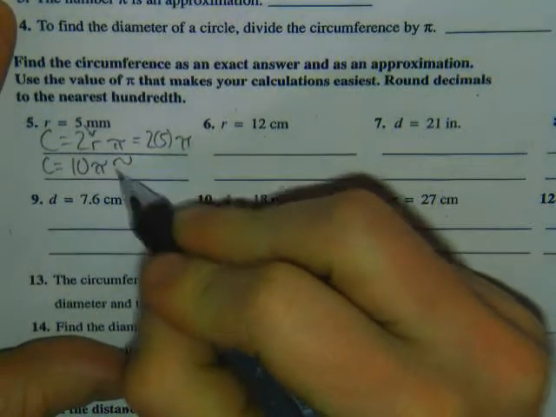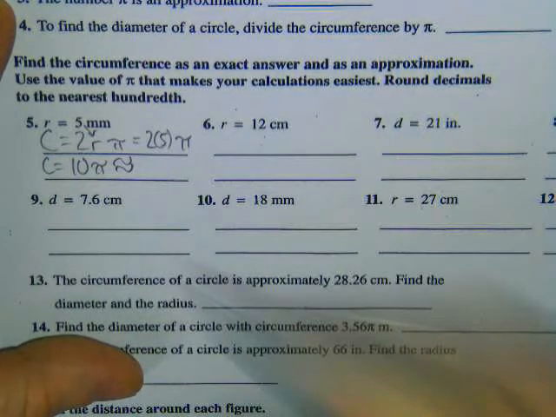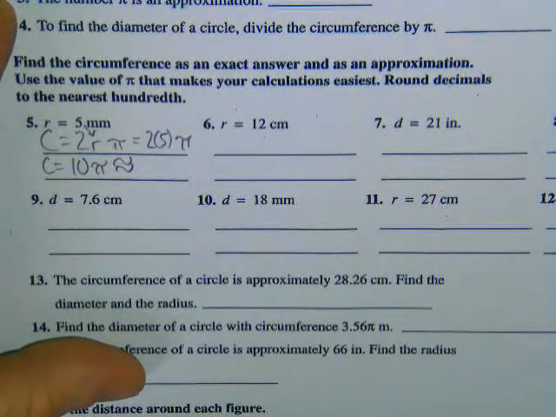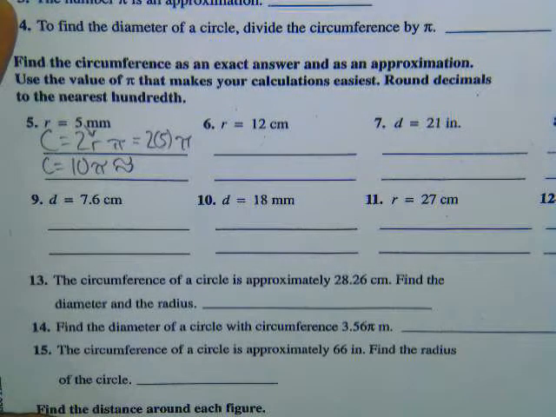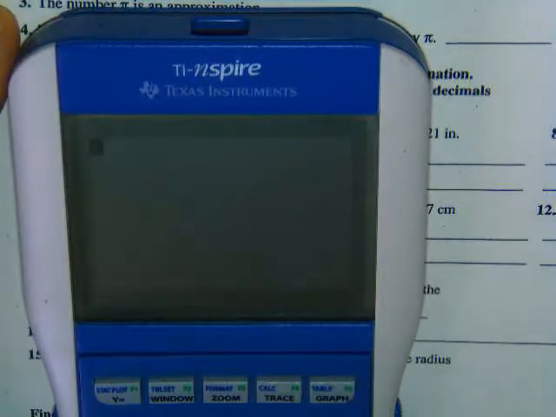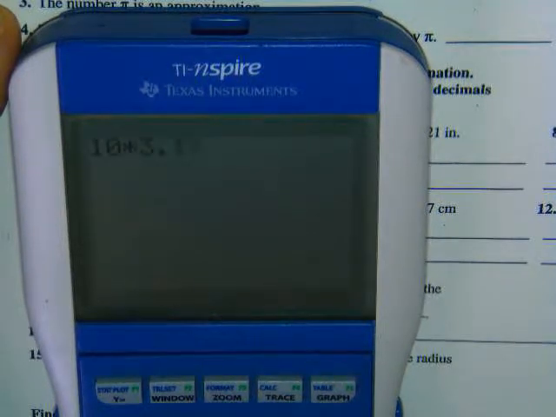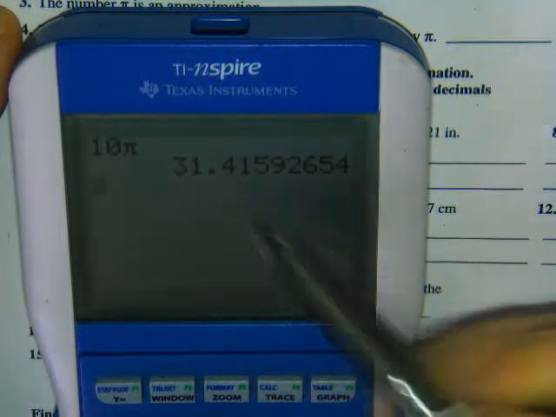We're also going to learn to approximate it with the decimal. So that is approximately, and I'm not big into the 3.14 thing. I like to use the calculator approximation. Oops. As I said that, I did exactly what I said not to do. Sorry. 10 times pi. How about that? That's better. 31.4. I think we're rounding to the hundredths.